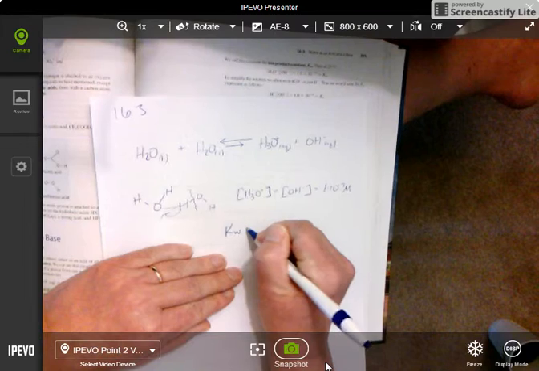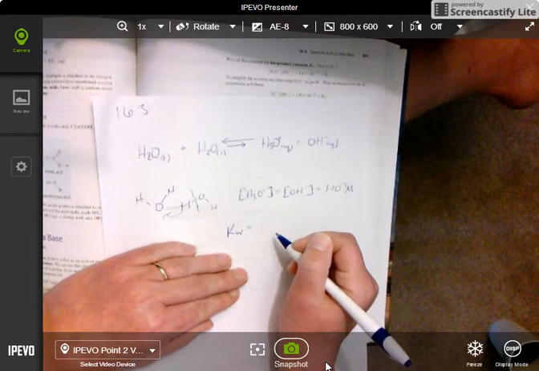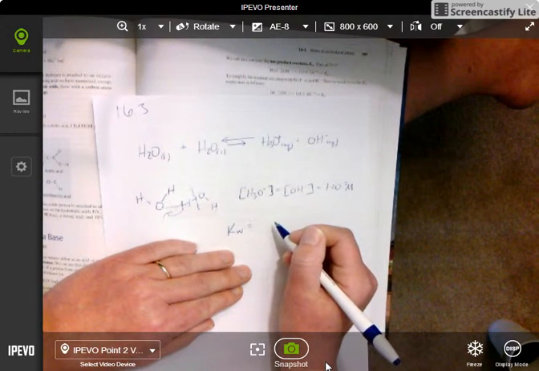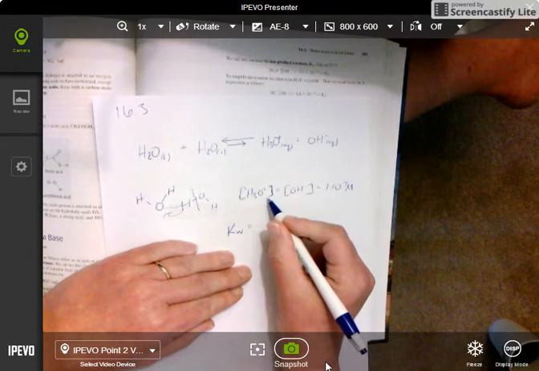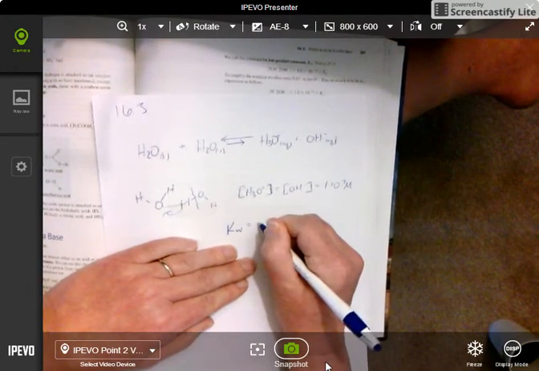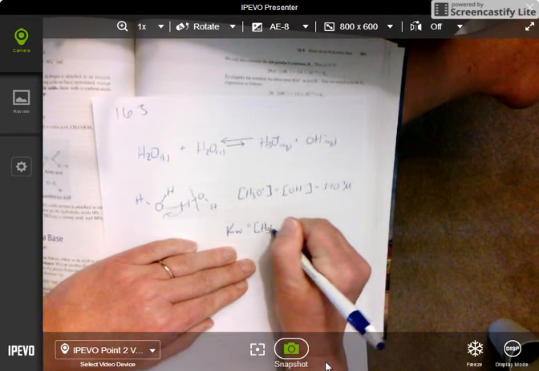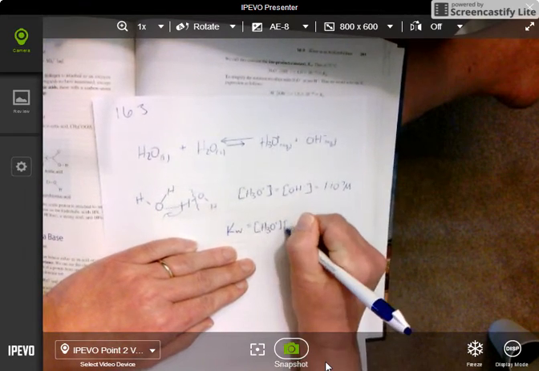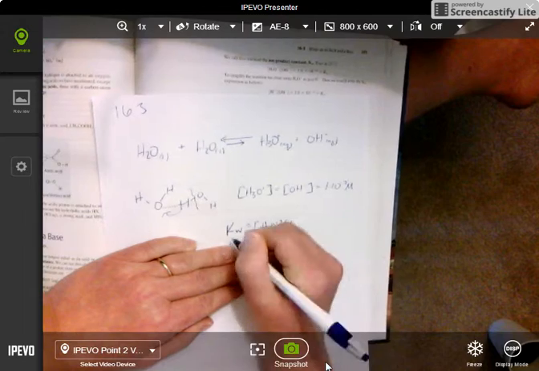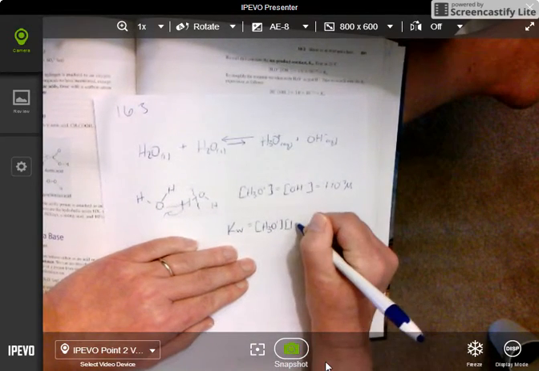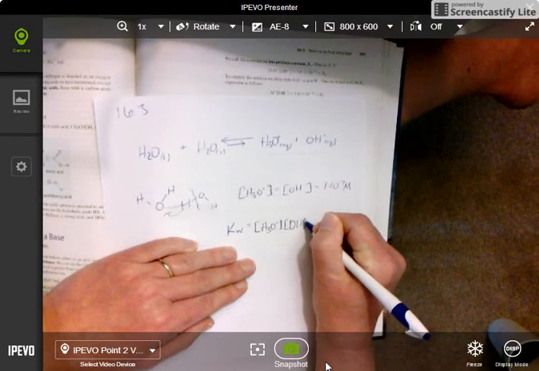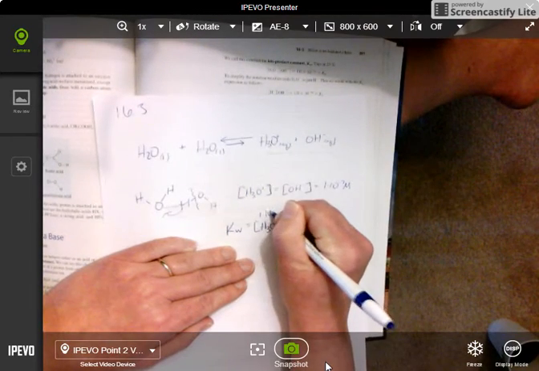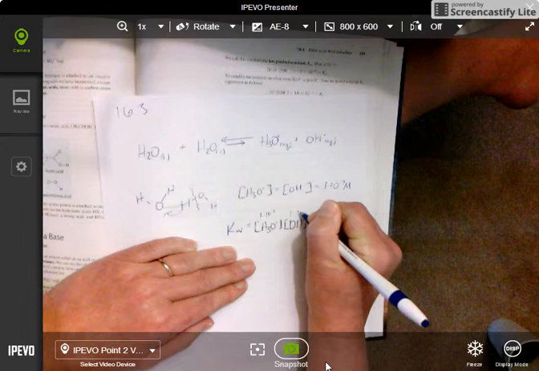But what's very interesting is it doesn't matter if you add an acid or a base, the constant stays the same. So the ion product constant, we're talking about the product. This is 1 times 10 to the negative 7, and this is 1 times 10 to the negative 7.